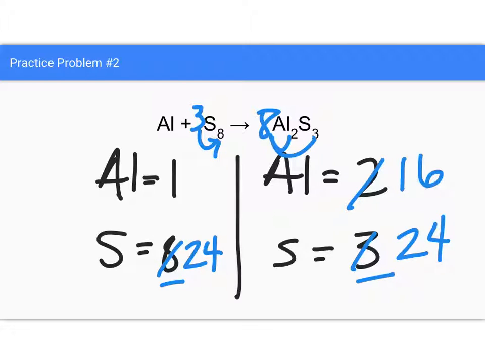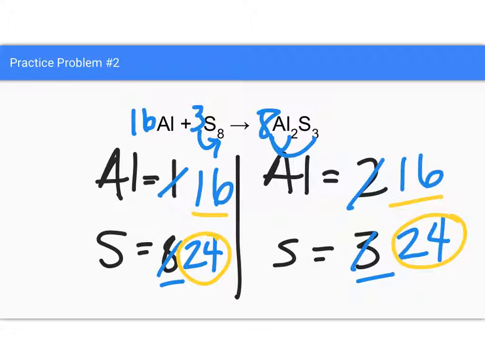My sulfurs are balanced, but my aluminums, I need to go back and put a coefficient of 16 in front of that aluminum. And now I'm going to double check, make sure everything's correct. I have 16 aluminums on the left, 16 aluminums on the right, 24 sulfurs on the left, and 24 sulfurs on the right. So 16, 3, and 8 are the coefficients for this balanced equation.